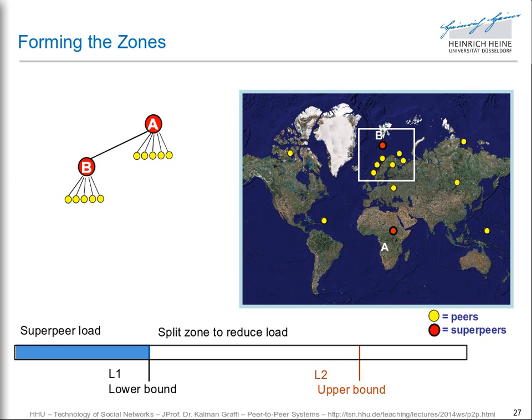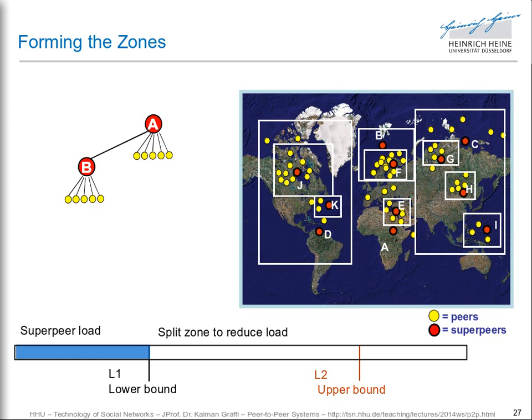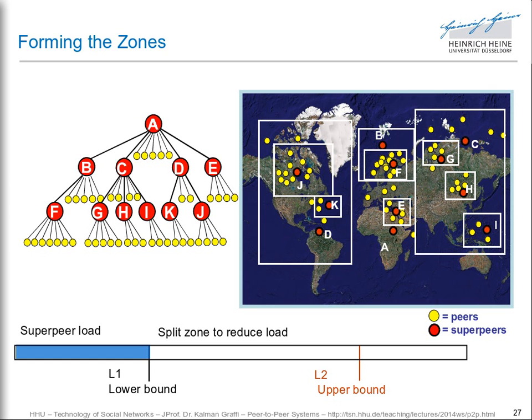So he is now another super peer, and A has a connection to him, and A is the parent of B. Now a few other peers join the overlay, and the overlay can look like this. For example, here we can see that B has another rectangular zone because the load was too high for B. Now F has a lot of peers, also on the Asian side and on the American side.